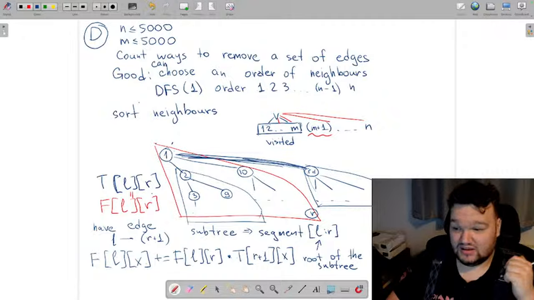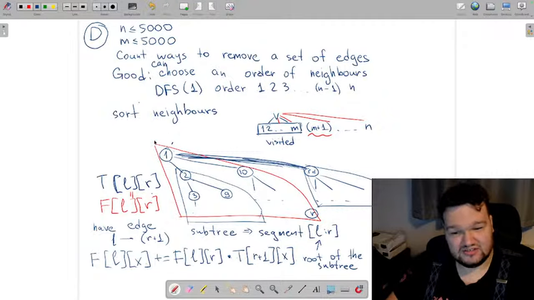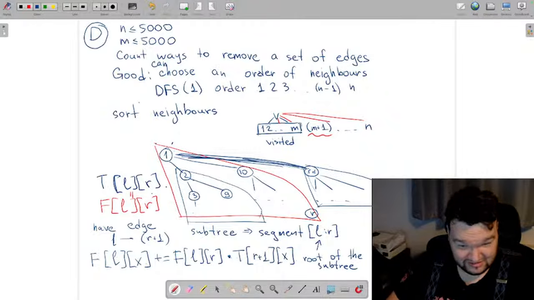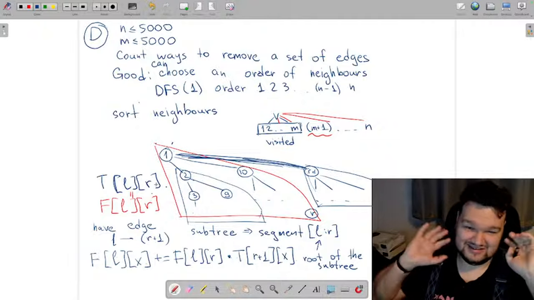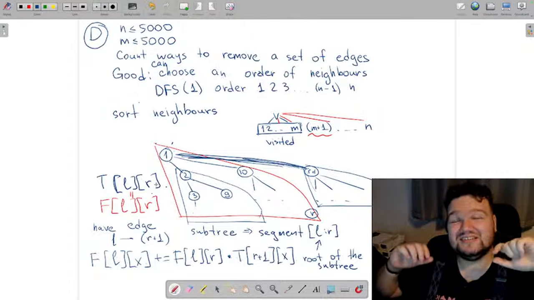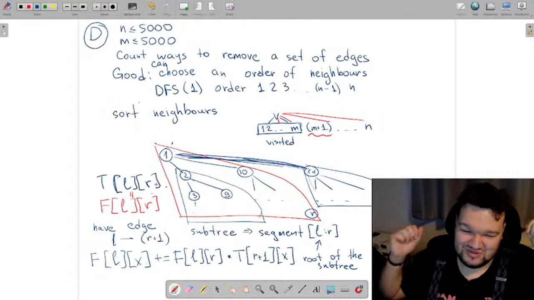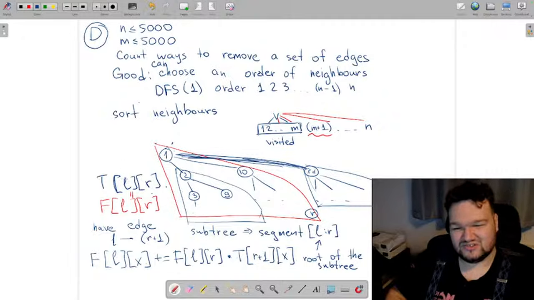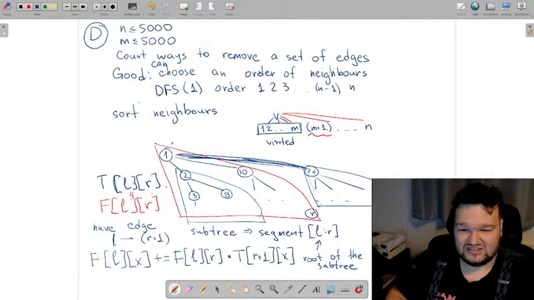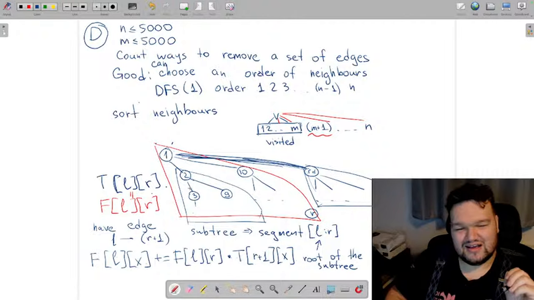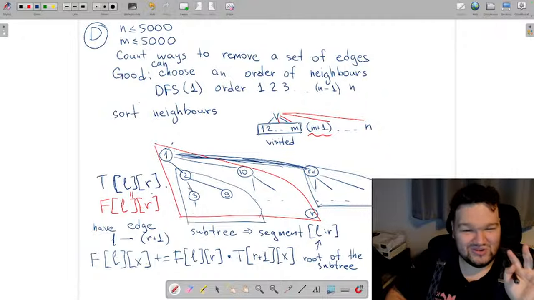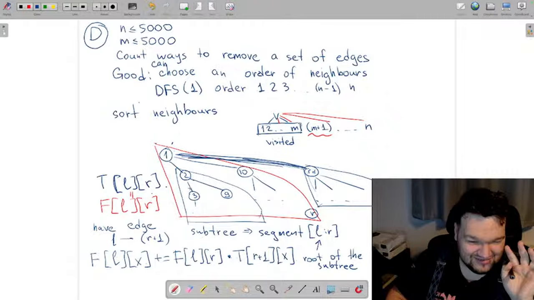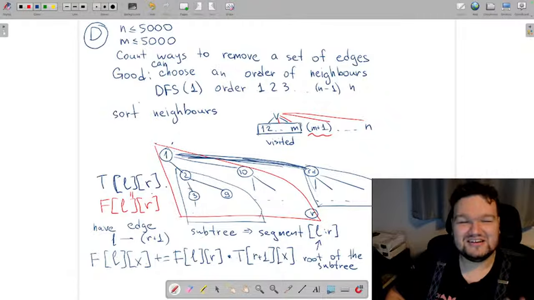All right. What was the definition of T? So T[L][R] is building a subtree that is rooted in L and covers a segment of vertices with indices from L to R, inclusive. We don't yet know exactly how it is defined.